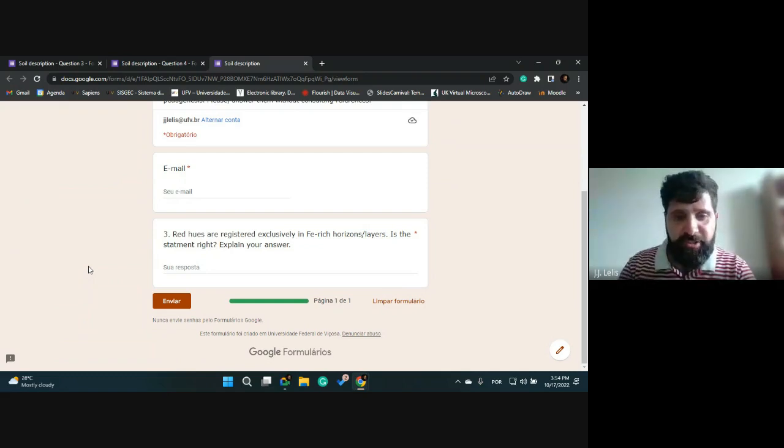These are just some examples. So we shouldn't think that color represents the content of iron, okay? Because we have a lot of exceptions. They are not rare. They are very common in the landscape.